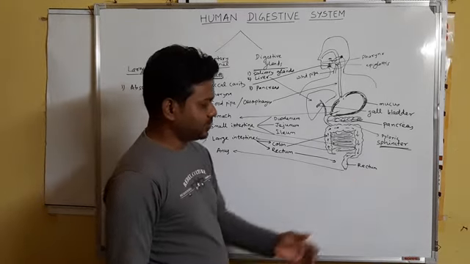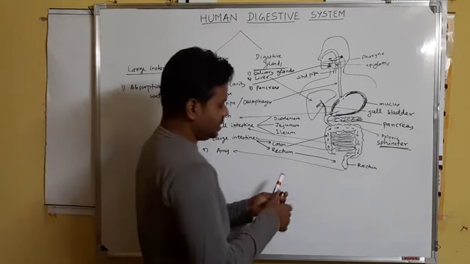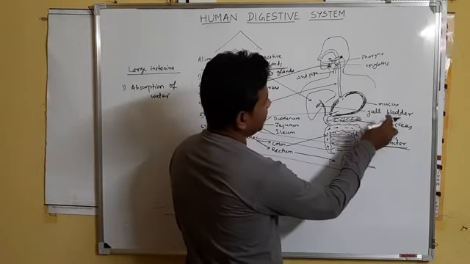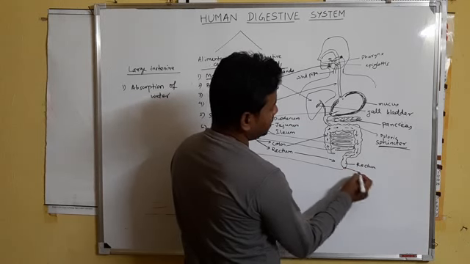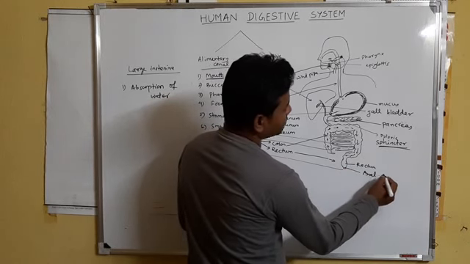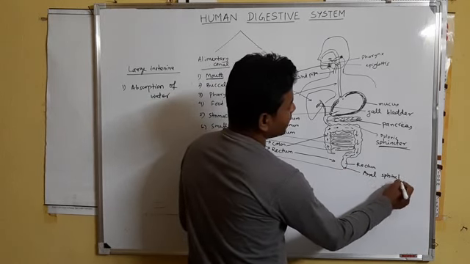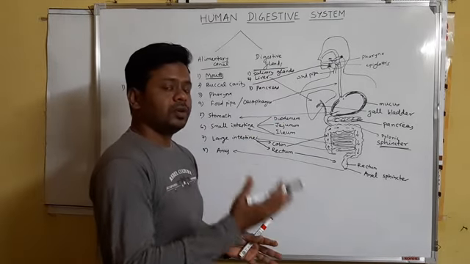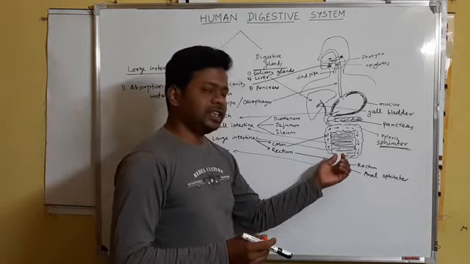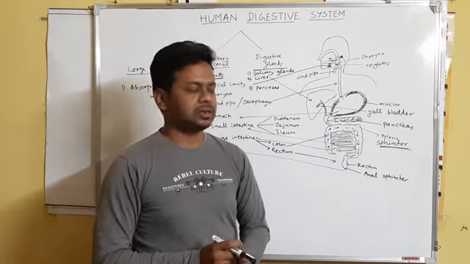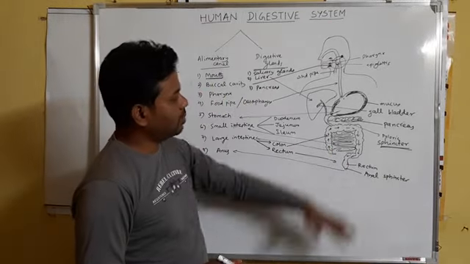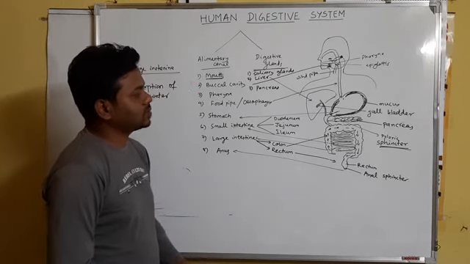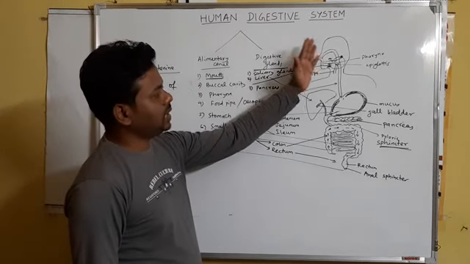Here also there is a sphincter, the anal sphincter, and this anal sphincter regulates the passing out of feces or stool through the anus. So this is all about the different parts of the digestive system and what happens in each part of the digestive system.